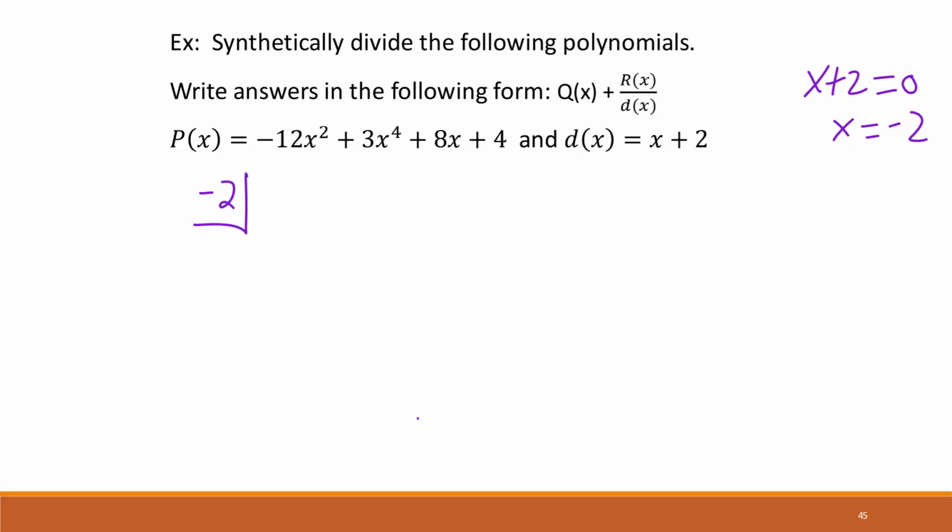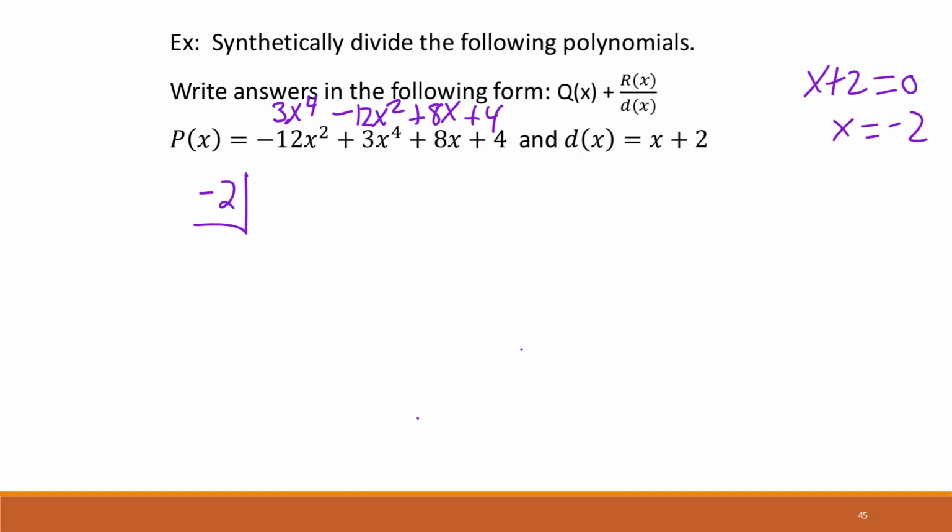We're going to have 3x to the fourth, and that's positive. Then we have minus 12x squared. Then we have plus 8x, and then we have plus 4. So I had to rearrange in descending order first. I do see that I'm missing a value, right? I went from an x to the fourth to x squared.